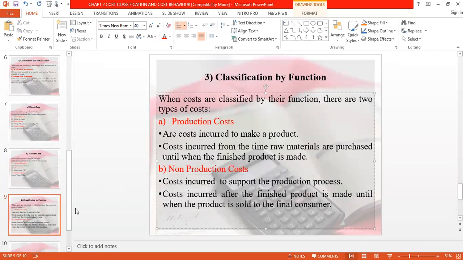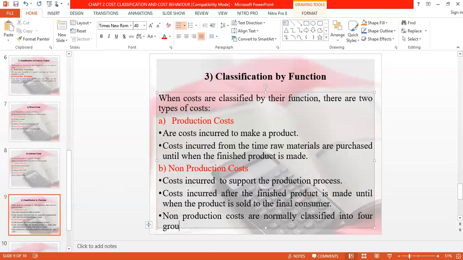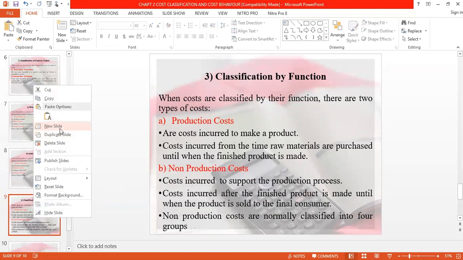Non-production costs are normally classified into four groups.